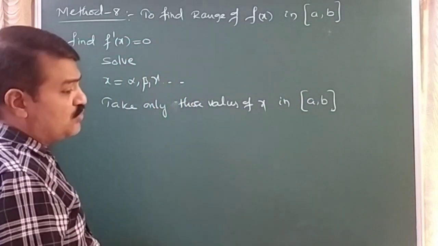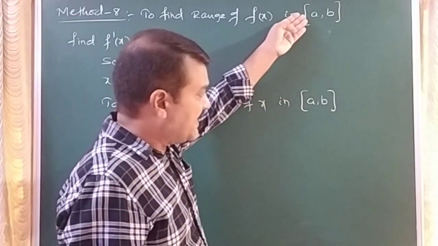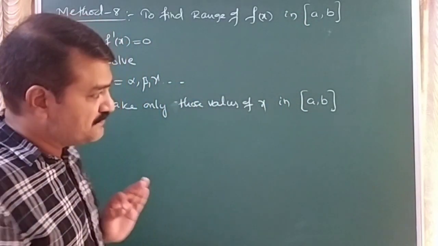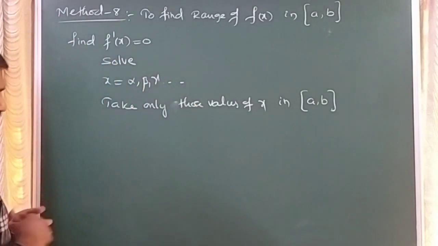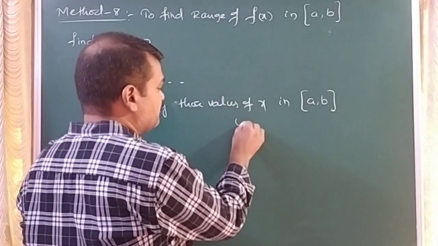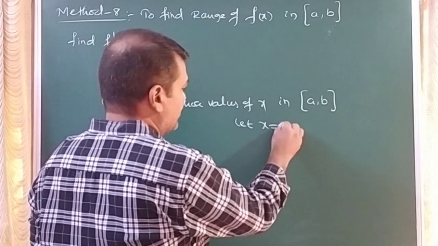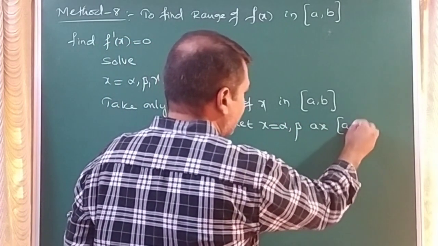Now, after choosing those x values which lie in this particular interval, you find the function values for those x values. For example, let x is equal to alpha, x is equal to beta be in this particular interval a to b.